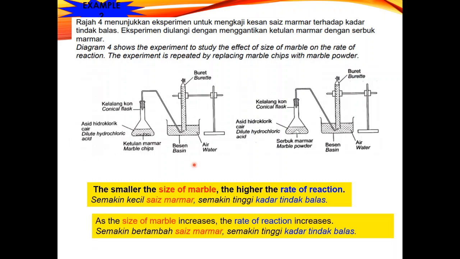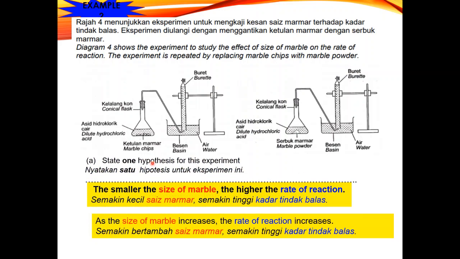So the size of the marble referring to the manipulated, and then the responding is the rate of reaction. So you can write down the smaller the size of marble, the higher the rate of reaction. Or you can write down as the size of marble increases, the rate of reaction increases.